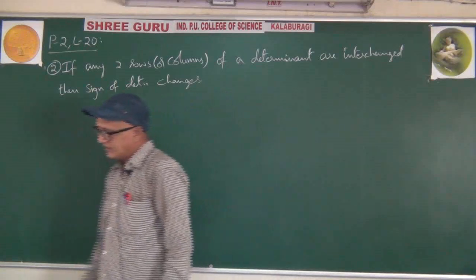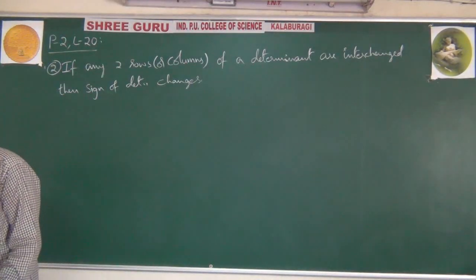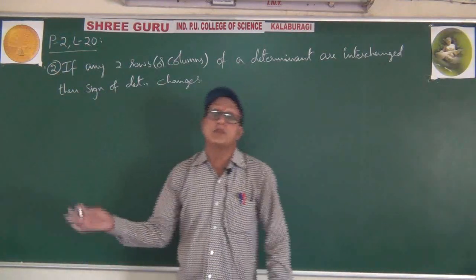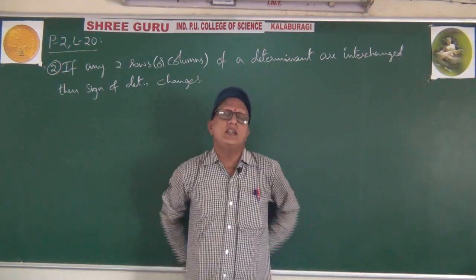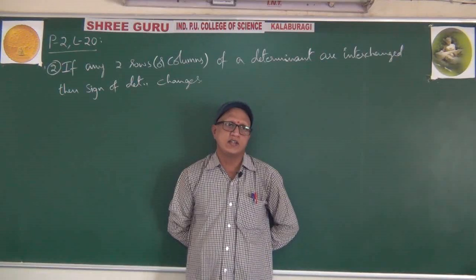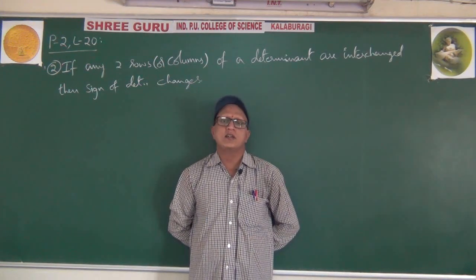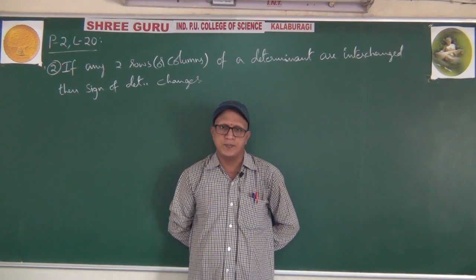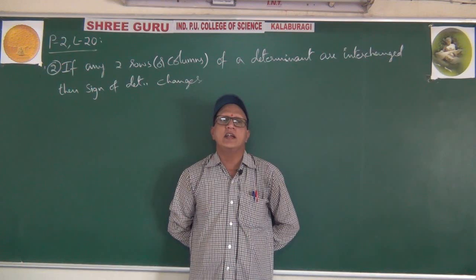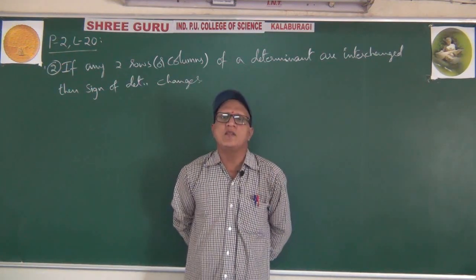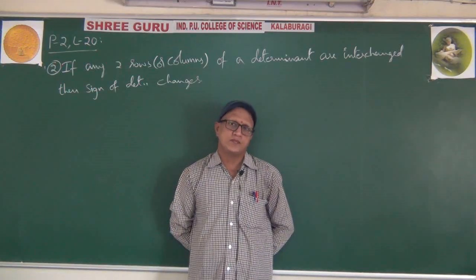Right? The third property is the easiest property. It is not even necessary to write, that easy. Third property: if any 2 rows, otherwise any 2 columns, are same, otherwise identical, then the value of the determinant is 0.